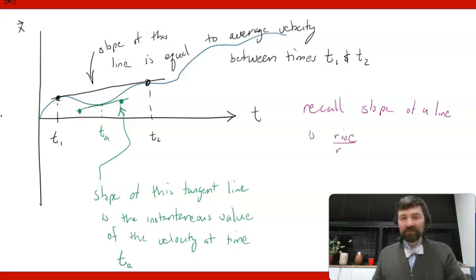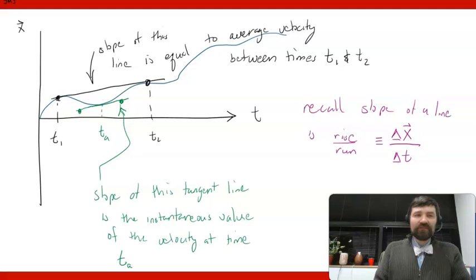Rise over run in this case would be change in the y axis, in other words, delta x for position, divided by change in the x-axis, which is time, so delta x over delta t. If that's confusing because of our choice of putting an x on the y-axis and a t on the x-axis, we could always call the position y instead of x.